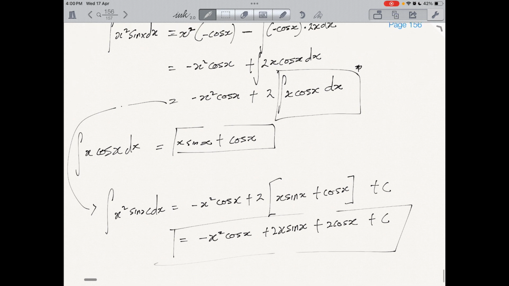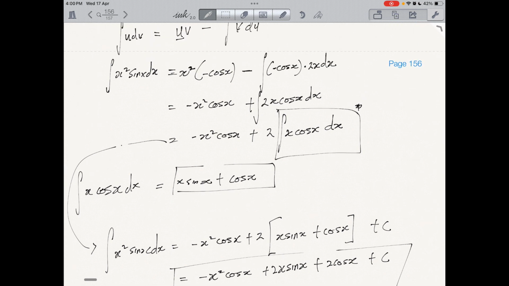Now we notice something. We started with integration by parts. Okay? And if the algebraic term is raised to the power n, here we have n equal to 2. Okay? Then the integration by parts will be applied n times.